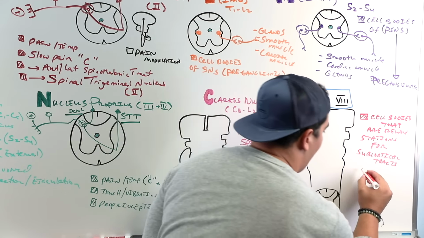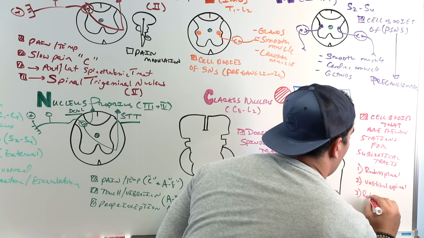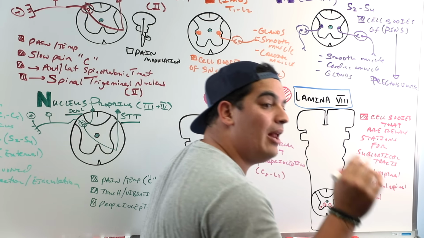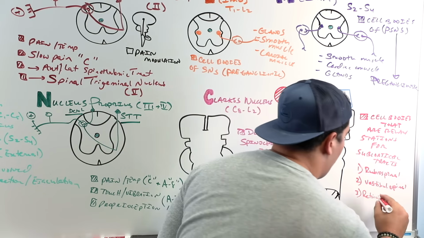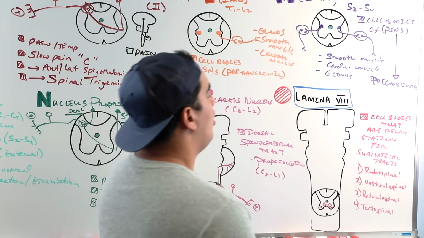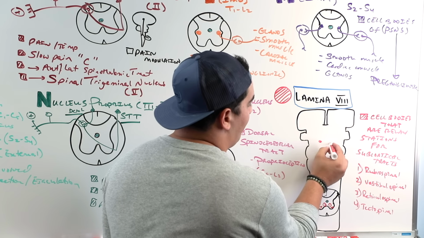That was our rubrospinal pathway. That was our vestibulospinal pathway. That was our reticulospinal, both pontine and medullospinal pathways. And the last one is our tectospinal pathway. All of those guys were coming from different areas, right?